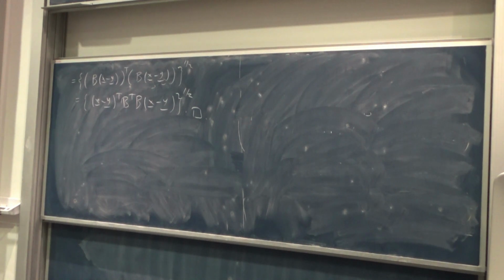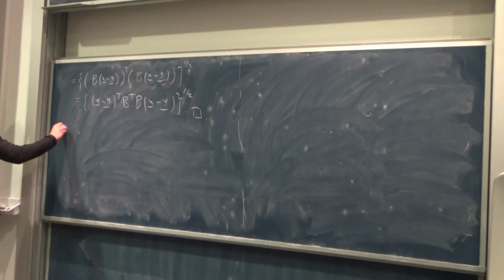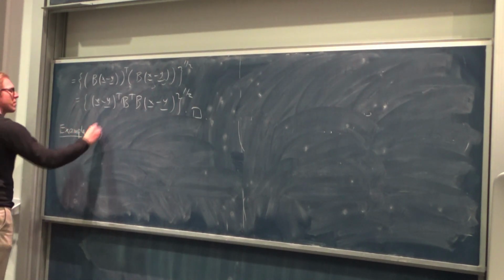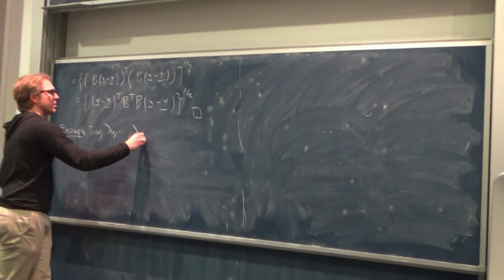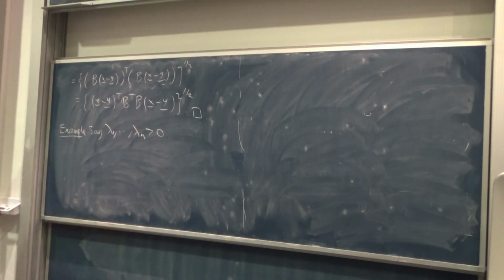Okay, so now the question is, is that actually a new example? What kind of metric is that? So let's take perhaps the simplest example. I'll take lambda_i positive real numbers.